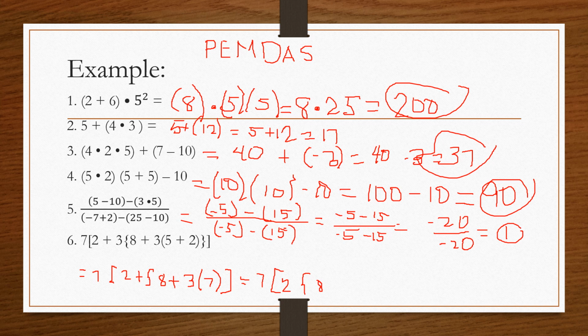Eight. So, next, we need to multiply 3 times 7. 3 times 7 equals 21. So, gagawin natin, we just add, no? Because here, 3 times 7, no? So, 21.